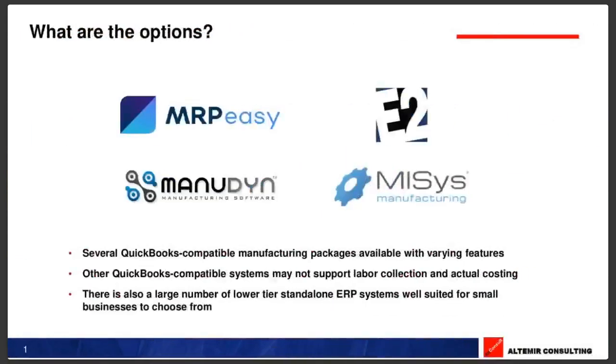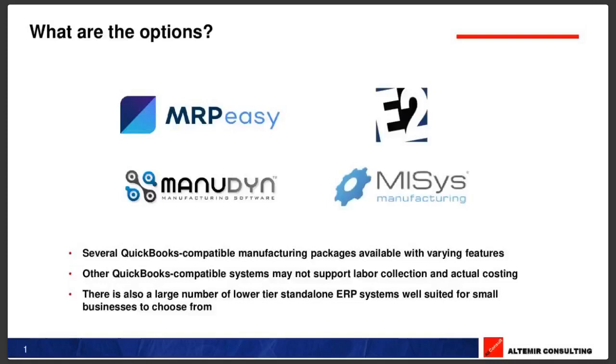So here are four full-featured manufacturing-oriented systems that have a hard interface with QuickBooks. And there are many other systems that also interface with QuickBooks. These are the ones that I picked out because I regard them as fully featured and comprehensive manufacturing solutions. There's probably more, but these are the ones that are at the top of my mind.